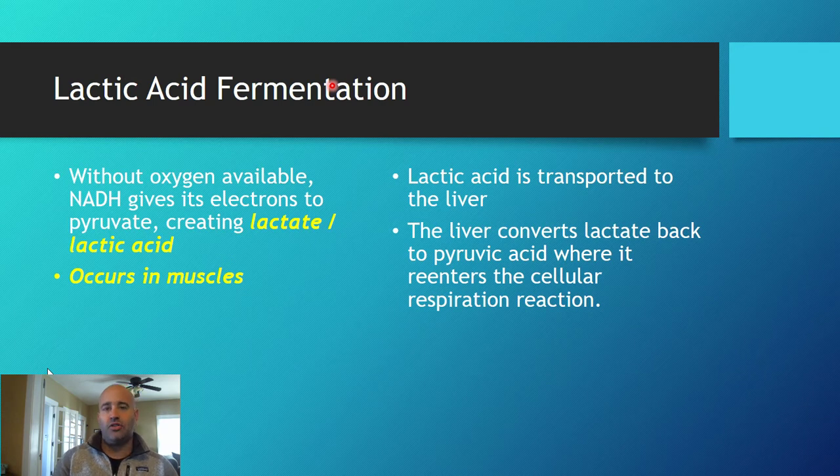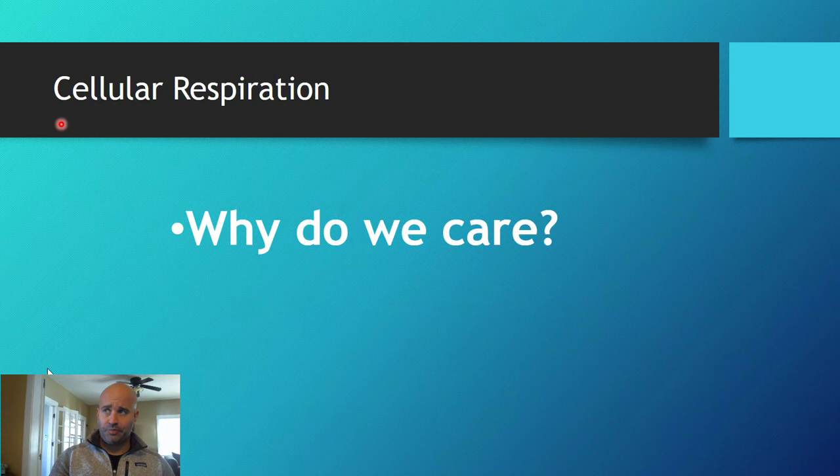This occurs in the muscles in your body, and then lactic acid is transported back to the liver and converted within the liver back to pyruvic acid, where it enters the whole chain again. This process is called lactic acid fermentation. This isn't the only thing that happens, but once again, just a little bit of an intro before we get into pathophysiology.